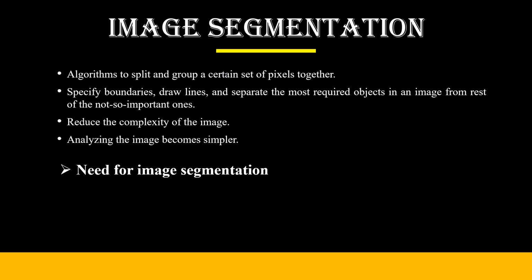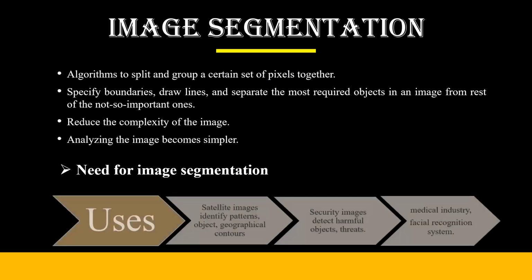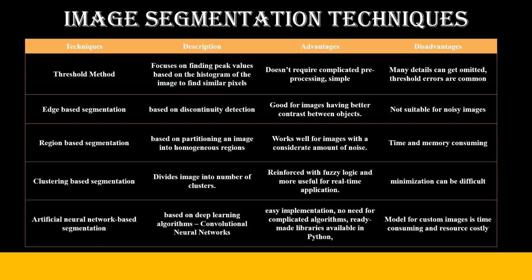Now, what is the need for image segmentation? We can tell by seeing the various applications in diverse fields, such as satellite images providing soil information, geographical contours, and security images. Even in the medical industry, as well as face recognition systems, image segmentation is used. Now, these are some of the techniques that are used in image segmentation.